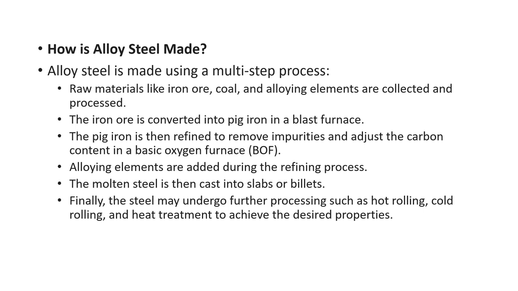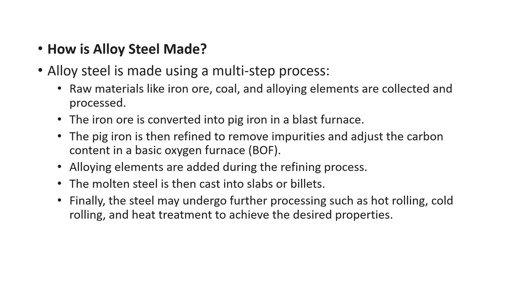Because impurities are present in the pig iron, to remove them and to adjust the carbon content, this material is operated in a basic oxygen furnace. Alloying elements are added during the refining process.